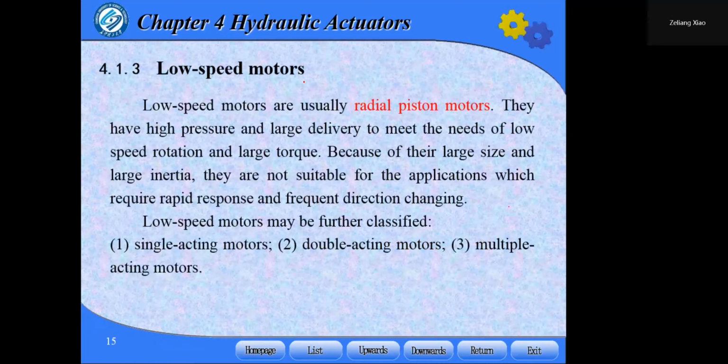Low speed motors, which are usually radial piston motors, have high pressure and large delivery to meet the needs of low speed rotation and large torque.